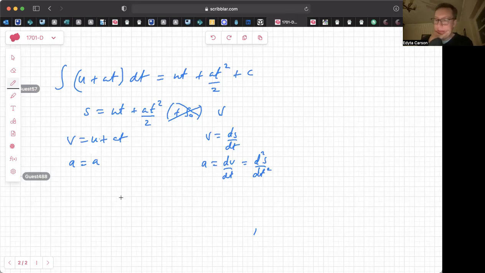Hopefully all that makes some sort of sense so far. It's stuff that we've covered before, and hopefully it jogs your memory as to where those equations come from. Our s equals ut plus half at squared, hopefully that was also familiar to you because that's a quadratic. We've got a t squared term, so this is going to be parabola in nature.